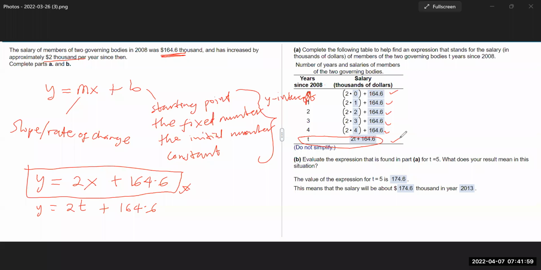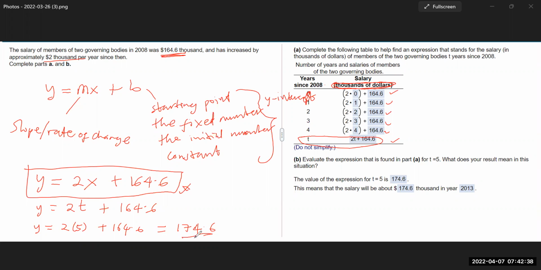Now part b: evaluate the expression that is found in part A for t is equal to 5. All you need to do is plug in 5 for your t, and your answer is 174.6 thousand. You do not have to bother so much about adding the zeros, because it says that the values on this table are in thousands of dollars.